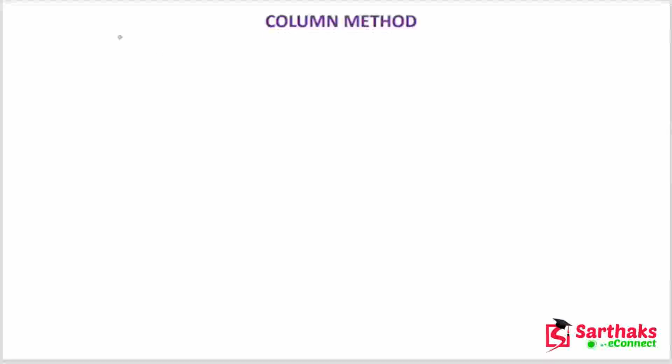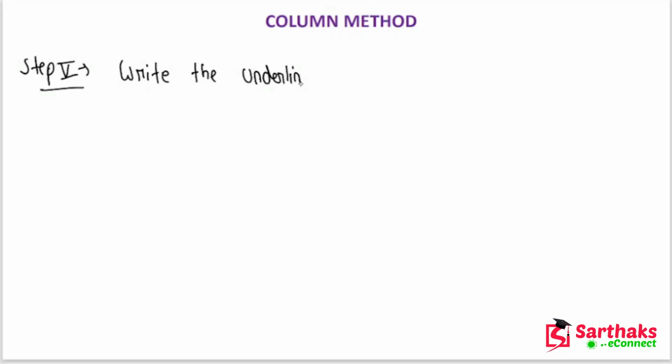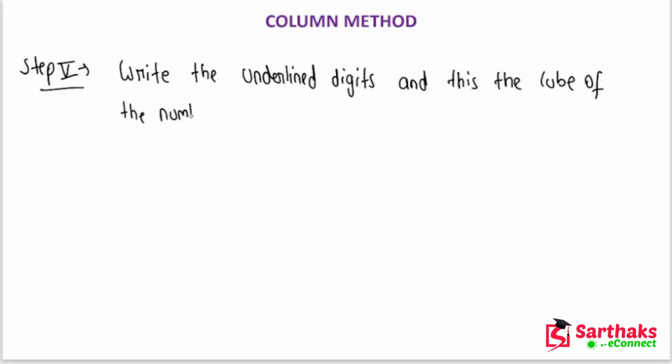Okay, so step number 5, which is the last step, says that write the underlined digits, and this is the cube of the number AB, which is equal to 25.